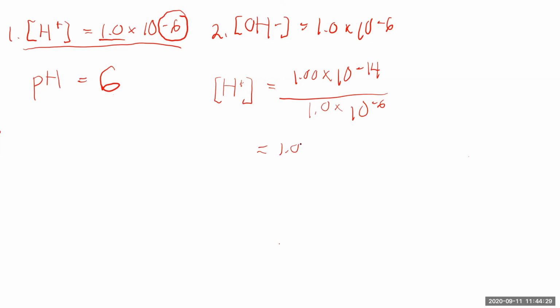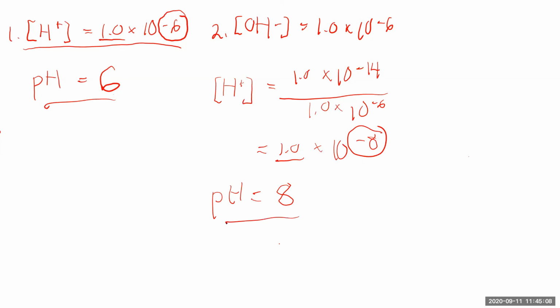So we have an answer here of 1.0 times 10 raised to the power of -8. Now, since the coefficient is 1, automatically the exponent will be the pH level. But of course, we need to change it into positive. So we have 8. So the answer for number 1 is 6. The answer for number 2 is 8.